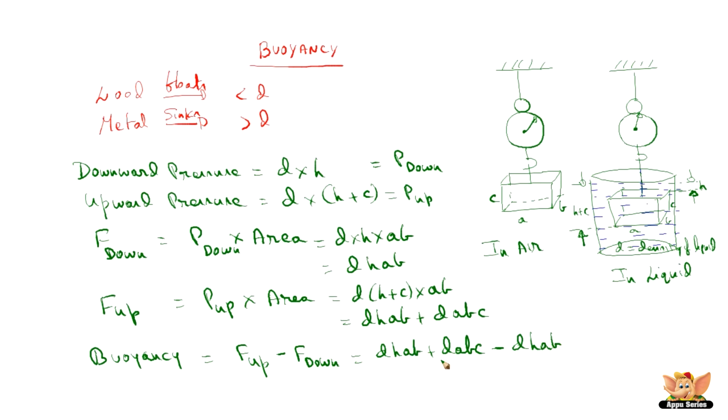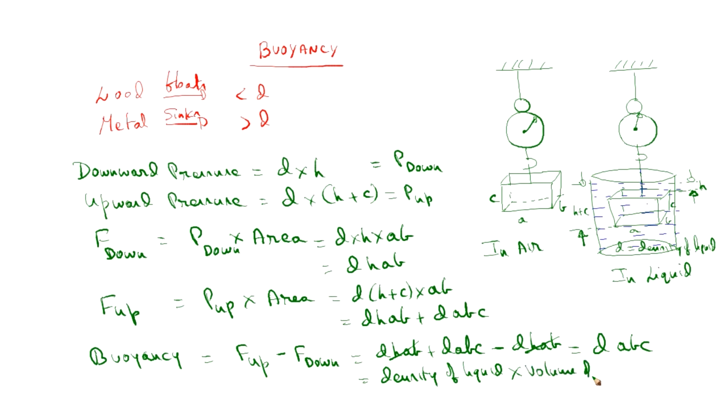Now, DHAB gets cancelled and we get D into ABC. Here D is the density of the liquid, you can say liquid or fluid, and ABC is the volume of liquid displaced.